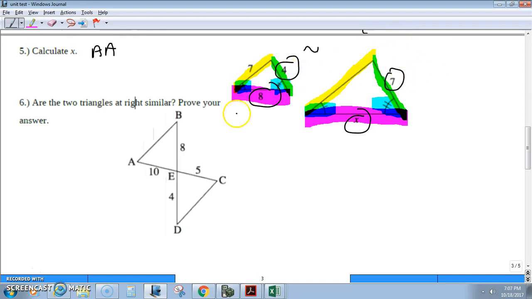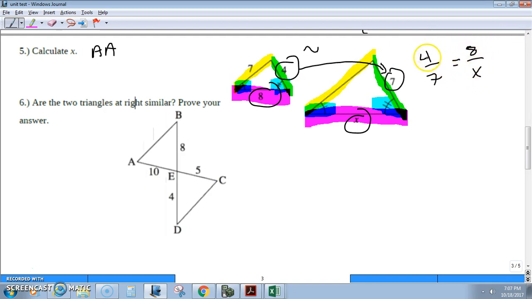So I know that this 4 times some number is 7, or that this proportion, 4 over 7, should be equal to 8 over x.